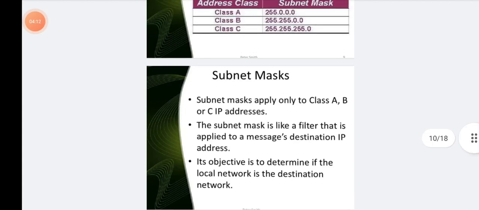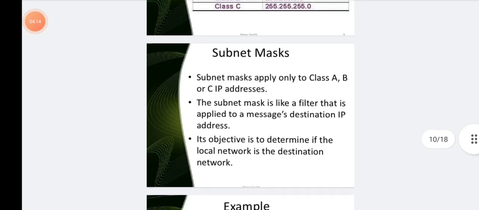The subnet mask is like a filter that is applied to the message destination IP address. Its objective is to determine if the local network is the destination network or not.